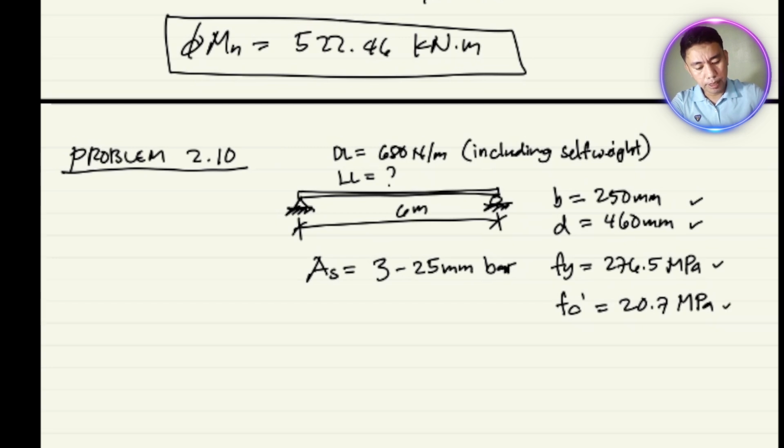This is reinforced by 3 25 mm bars, and the length of beam is 6 meters, simply supported. And now, mayroon siyang given a dead load na 680 Newton per meter. Okay? Ito yung omega dead load, 680 Newton per meter, including self-weight. So, hindi na natin kailangan i-solve pa yung self-weight.